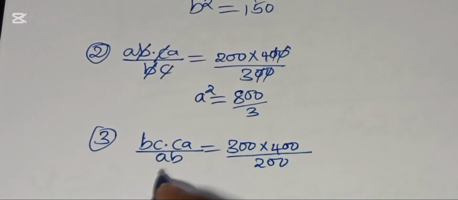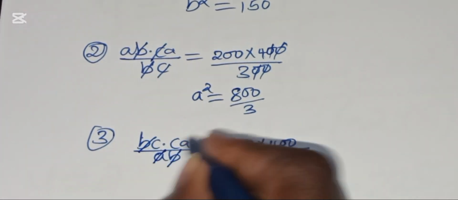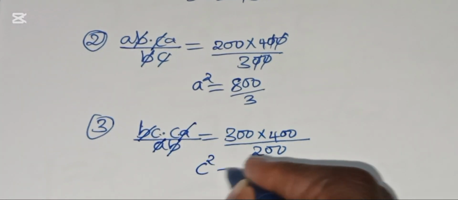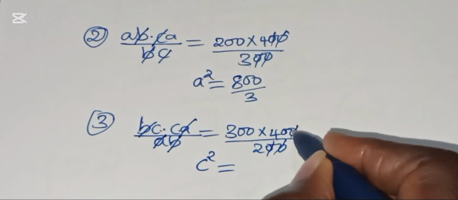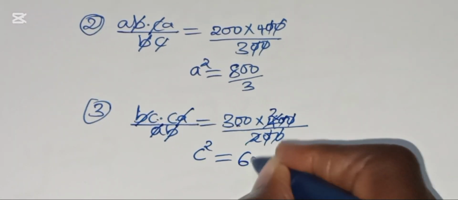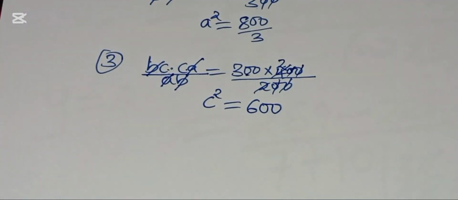If you simplify, you will simplify b and also a, so that you have c times c, which is c squared. This is equal to, again you simplify here, 300 times 2, which is equal to 600. That is the value of c squared.